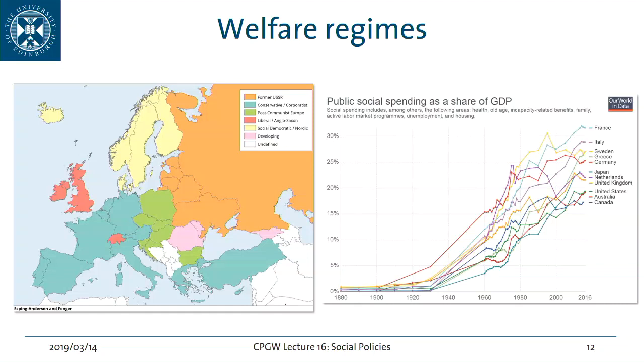There's also a bit of stratification there. There's clearly a difference between states at the top end, such as France and Italy, which hover around 30% of GDP, which is a huge amount of money, of course, and states at the other side that are down at 15, 16, 18%: the US, Australia, and Canada, which might also have something in common. So there's something going on here. There's a stratification, and there seem to be different models at work in how a welfare state can be organized.